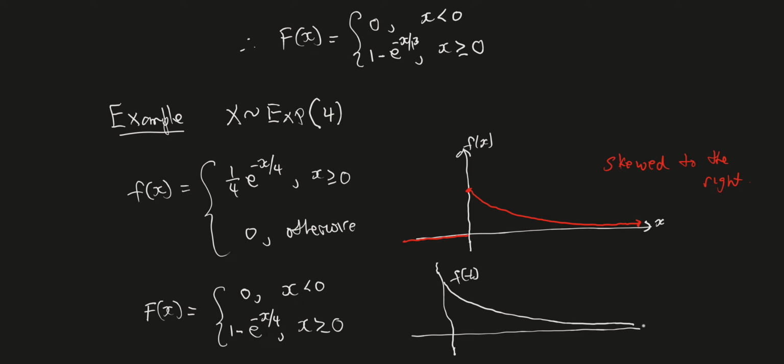Think of this as the t-axis. And where's my x? My x is a number along that t-axis. So that's my x. And my CDF gives me this area.